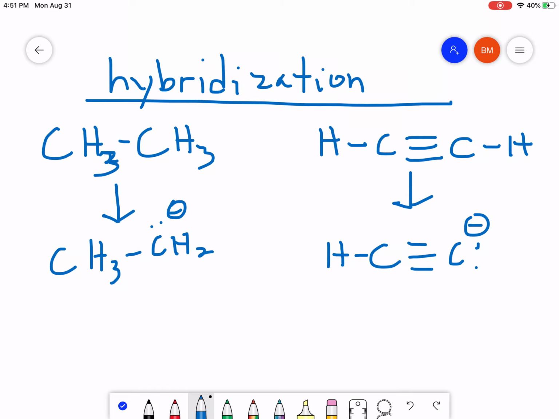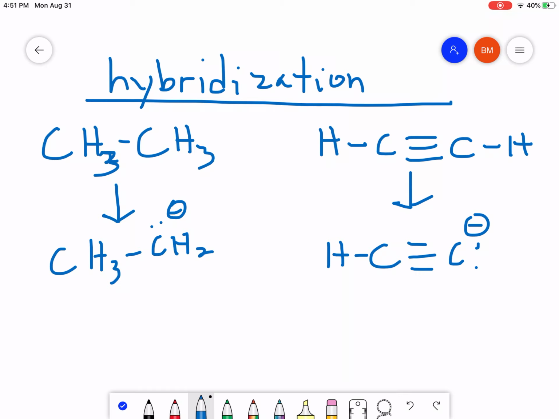Ask yourself which one of these orbitals is closer to the nucleus. Hopefully, if you remember from Gen Chem, you'll realize that s orbitals are closer to the nucleus than p orbitals are. That's going to be important.